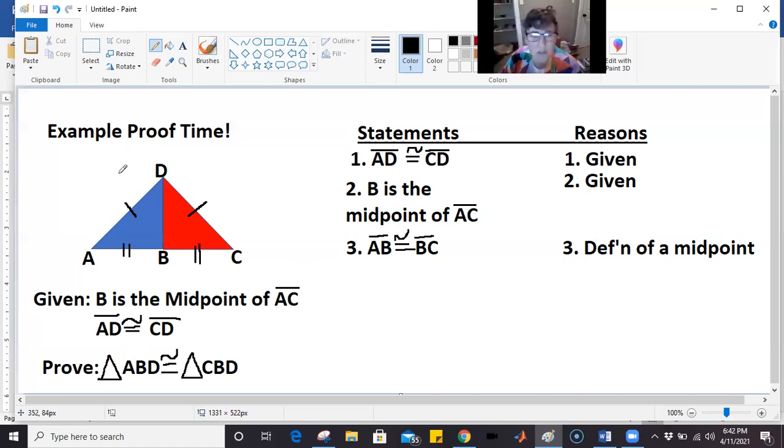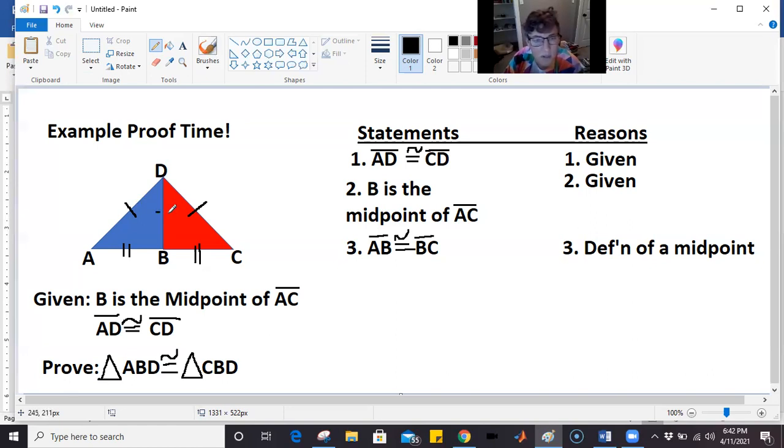What is the third side of these triangles? Well, we've got triangle ABD and triangle CBD. They share the side BD. If they share it, it has to be the same on both sides, right? Because it's literally the same thing.